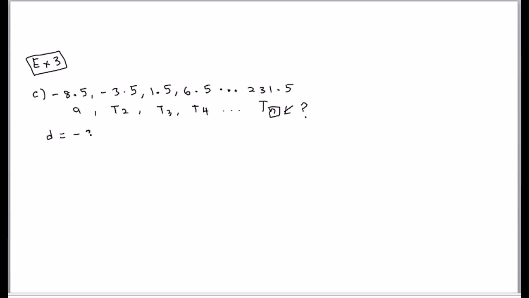So negative 3.5 minus negative 8.5. So we get D equals 5. Okay, the common difference equals 5. And then let's use the formula to find the term. Tn equals A plus (n minus 1)d.